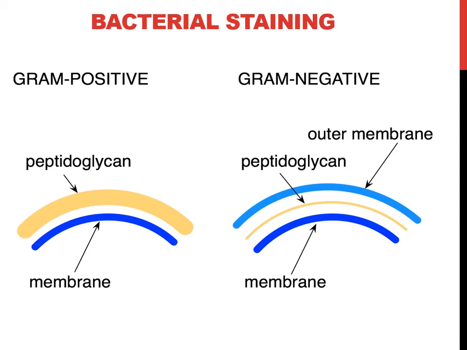Some of the stain washes out very quickly. Okay, so very quickly we have gram-positive, gram-negative bacteria. Okay, does it tell us which one exactly it is in the group? No, but just by getting this bit of information, we will know which antibiotics they will be most sensitive to.